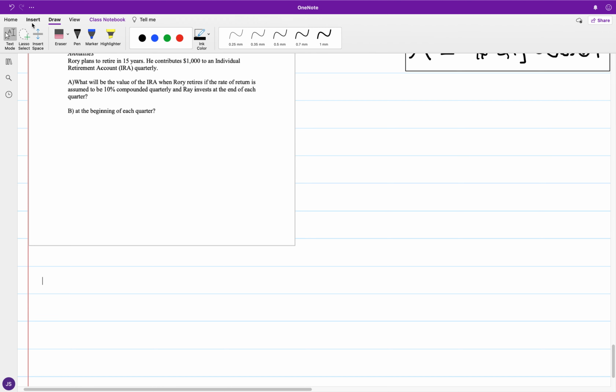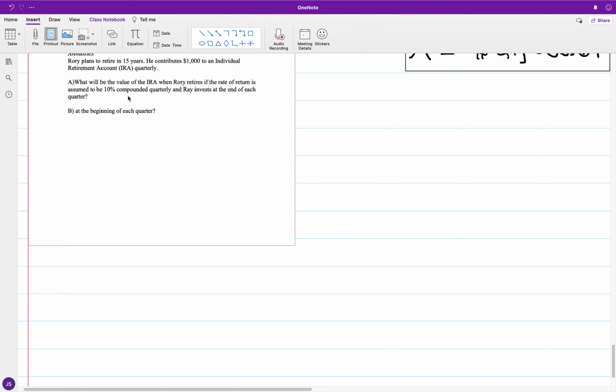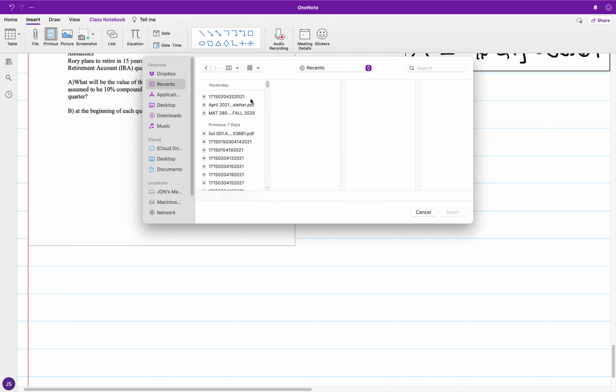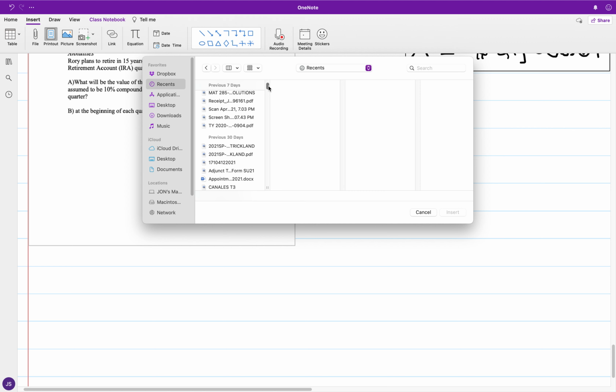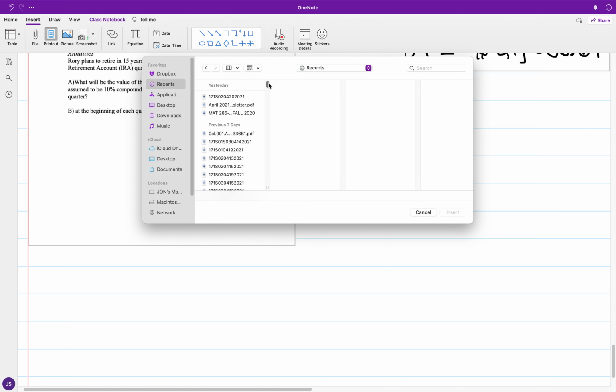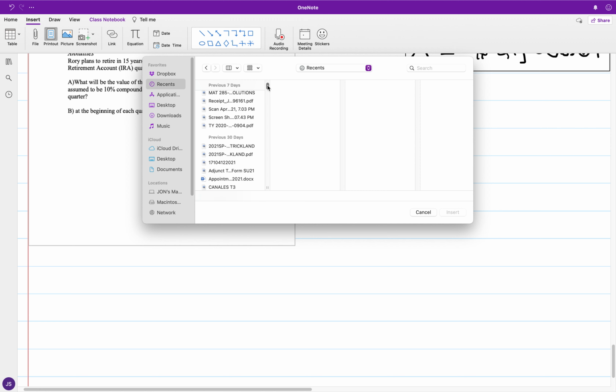And now for 26 and 27, what I will do here, just to cut down on the scrolling, is see if I can find this.